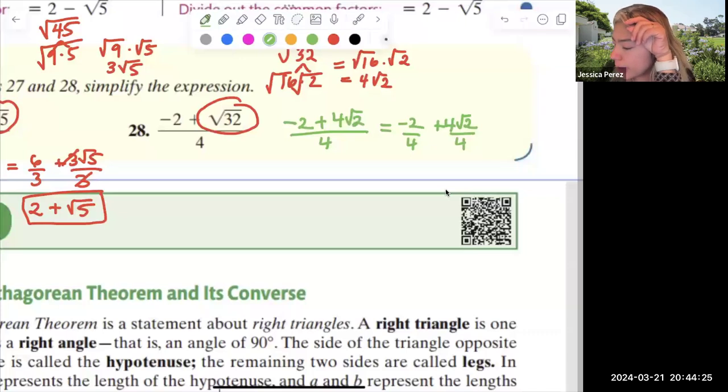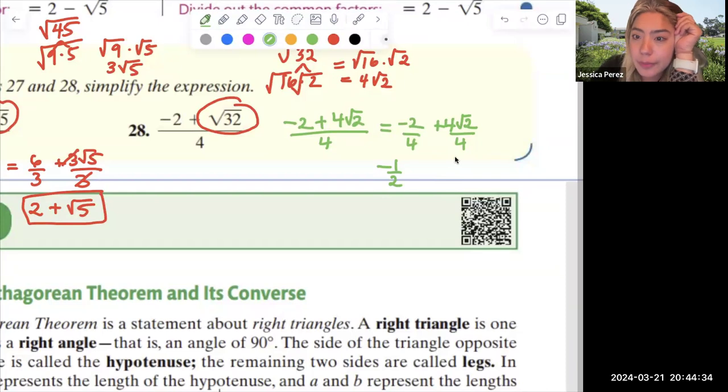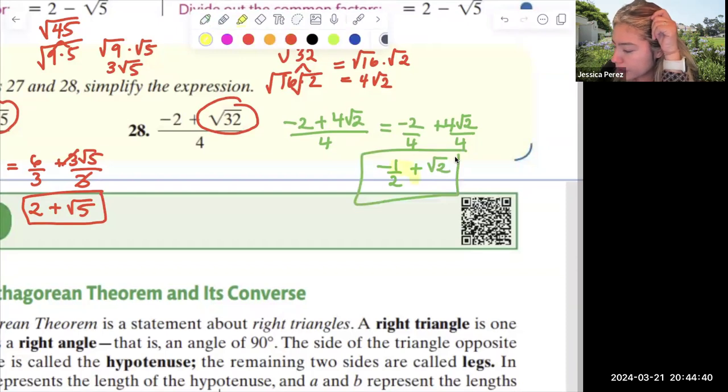So here it'd be negative 1/2 because you divide the 2's, they go in by 2's, and then the 4 and the 4 will cancel. So then this will be plus root 2. And that's going to be my answer because the 4 on the top and the 4 on the bottom cancel.